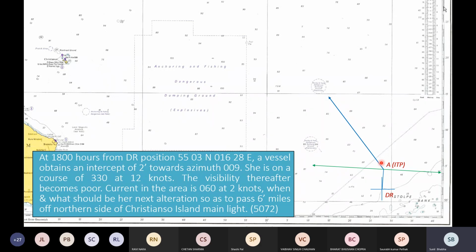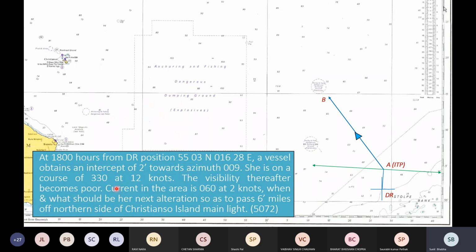So the length in that case for a speed of 12 knots would be 12 miles. Keeping this 12 miles length, this becomes my CTS vector. Let's mark it with a single arrow. The point where the CTS vector ends, let's mark this point as Bravo.